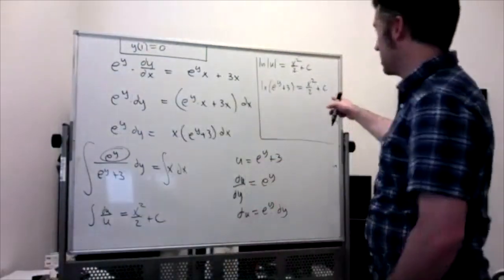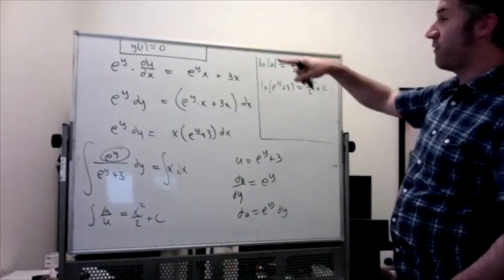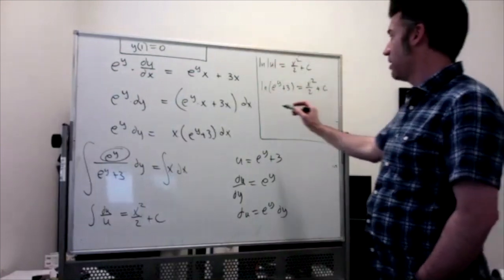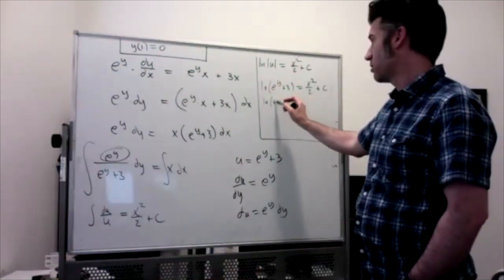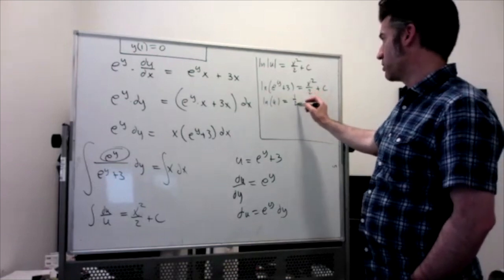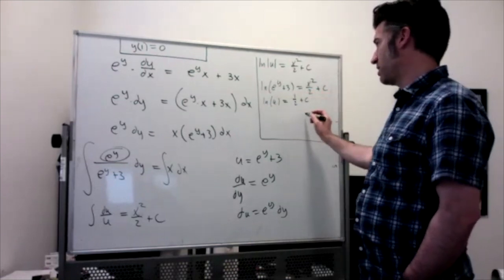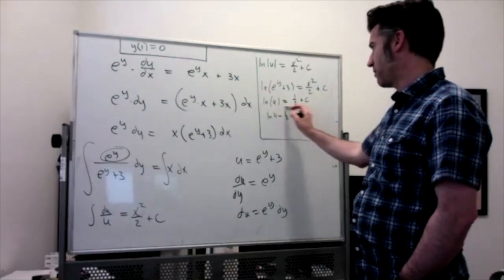Now I want to solve for c. It might make some sense to solve for c right now. So I plug in 1 for x and 0 for y, I get the natural log of e to the 0, which is 1, plus 3, which is 4, equal to x squared over 2, which is 1 over 2. So my c value would be kind of gross. It's the natural log of 4 minus 1/2.